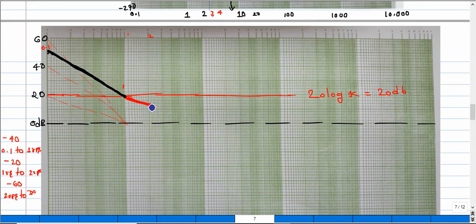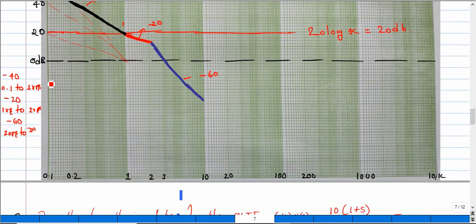From here 60 dB, so let me move in this direction. Now you can see the 3 lines. The first line had a slope of minus 40, the second line minus 20, and the third line minus 60 dB per decade. So this part is done.